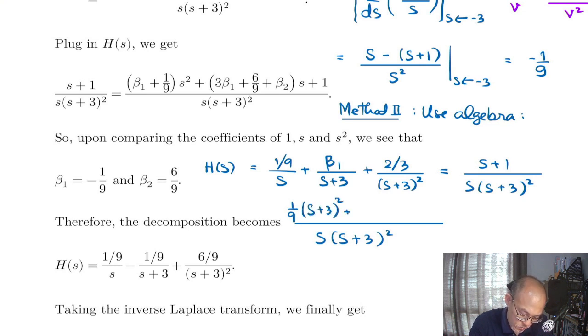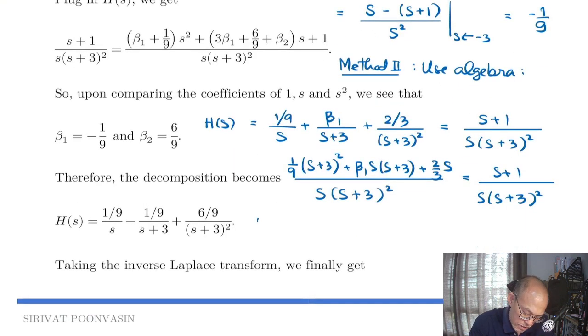The second term would be beta 1 times s plus 3 times s. I have to be careful here. And the third term is 2/3 s. Okay, and equal to s plus 1 divided by s times s plus 3 squared.